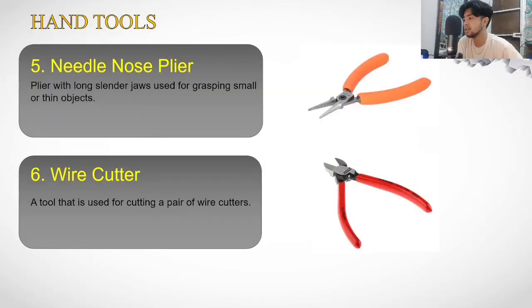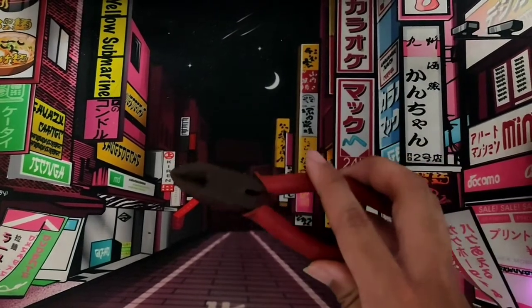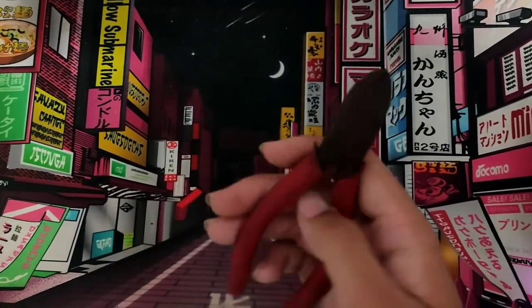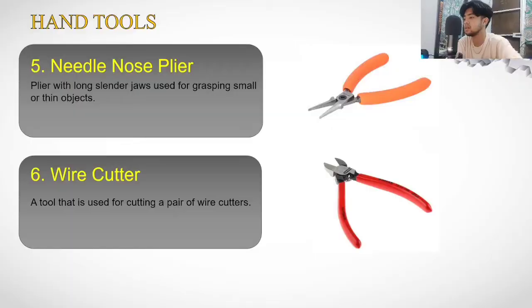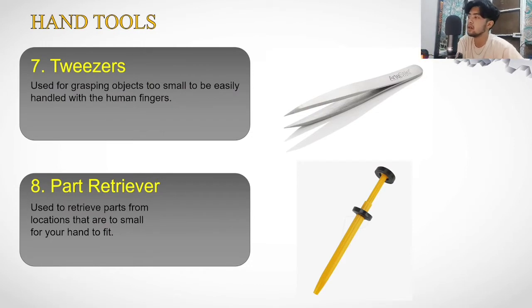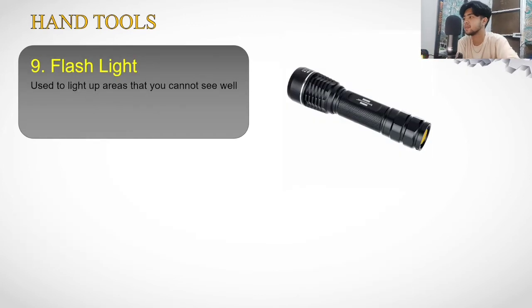Number 6, the cutter, a tool that is used for cutting, like a pair of wire cutters. Number 7, we have tweezers, used for grasping objects too small to be easily handled with the human fingers. Number 8, we have the part retriever, used to retrieve parts from locations that are too small for your hand to fit. Lastly, we have the flashlight. It is used to light up areas that you cannot see well.